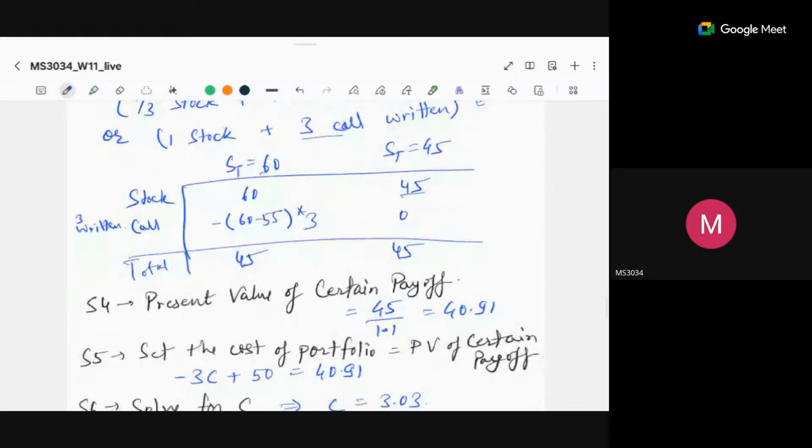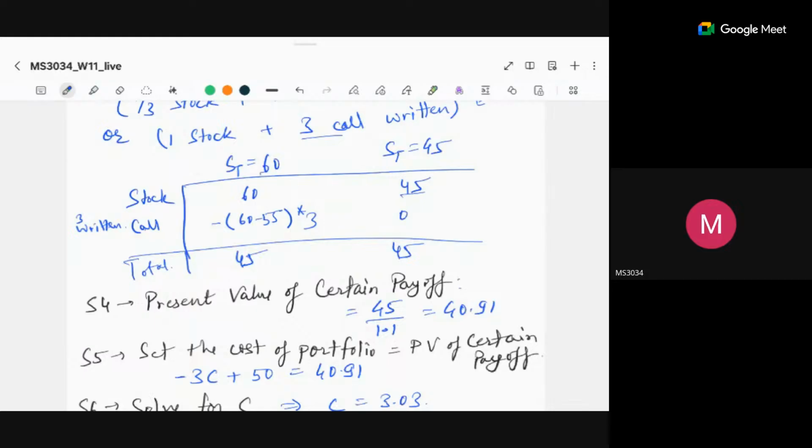In the next step, you find the present value of your certain payoff. The present value will be 45 divided by, since we are discounting with the risk-free rate, 10%. From that you get a present value of 40.91. You set the cost of the portfolio equal to the present value of the certain payoff.